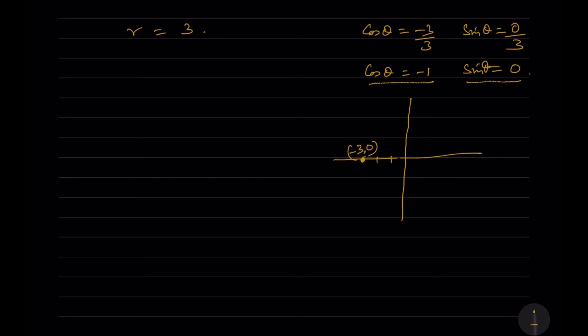So now we'll just see over here, alpha is equal to tan inverse of mod of y by x, which is equal to tan inverse of 0 by minus 3. So this is equal to tan inverse of 0.